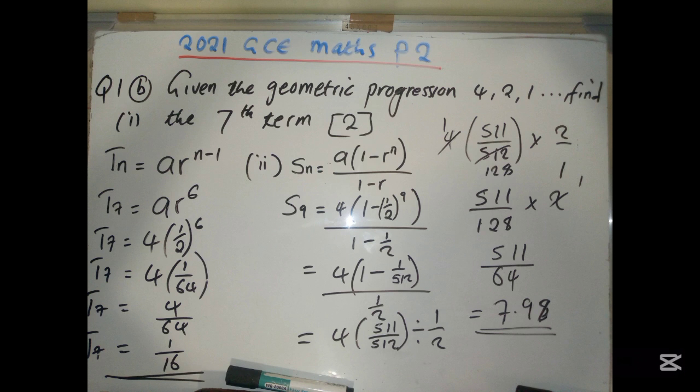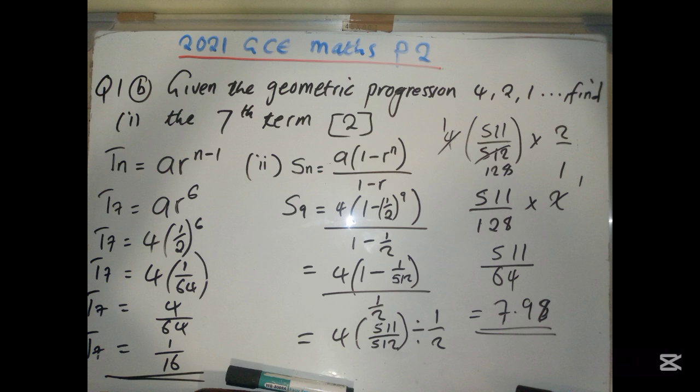Before we subtract, 1 to the power 9 is 1, and 2 to the power 9 is 512. So 1 minus 1/512 gives us 511/512. But remember, we have 4 outside the bracket, and this will be divided by a half.